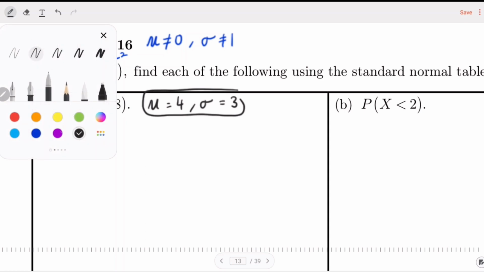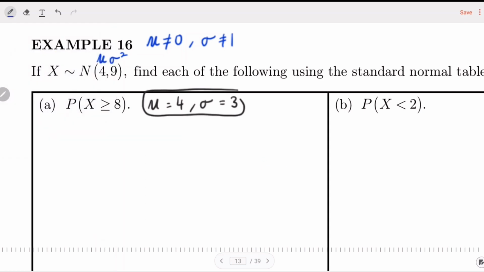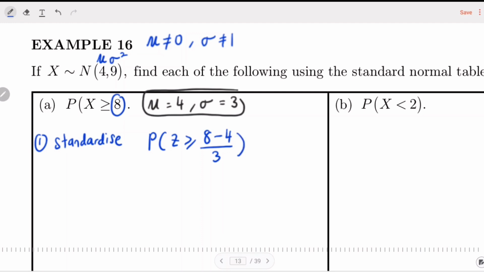So the first step to find the probability for normal distribution is to standardize. How to standardize? We change from X to Z. So our X, which is 8, we have to minus it with our mu, which is 4, and then divide by our sigma, which is 3.